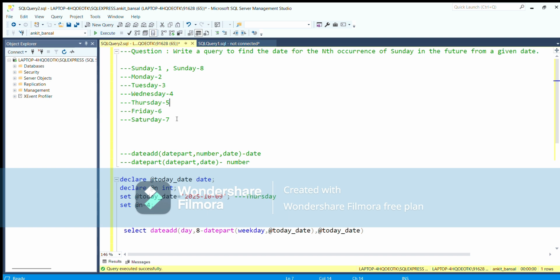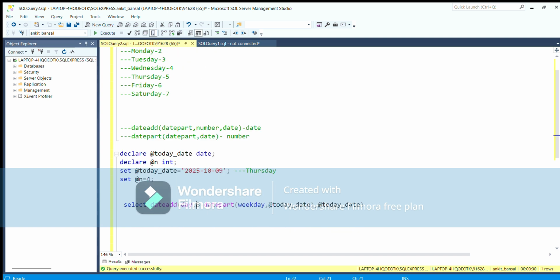So from Thursday you need to go 3 days to reach Sunday. That is why I am subtracting from 8, to reach the first Sunday from the current date. If you want to get Monday, you need to write 9 here. If you want Tuesday, you have to write 10. So this is how it works.